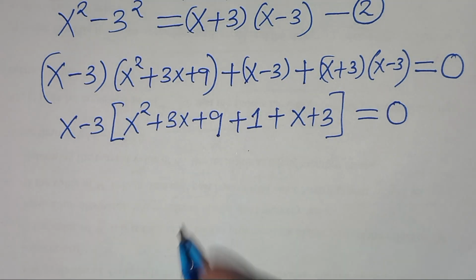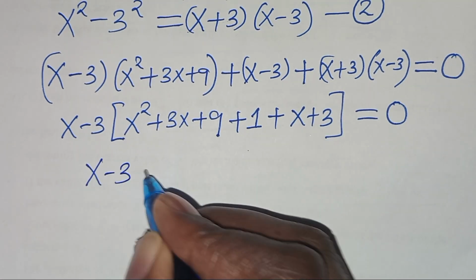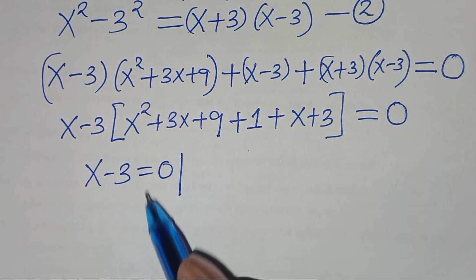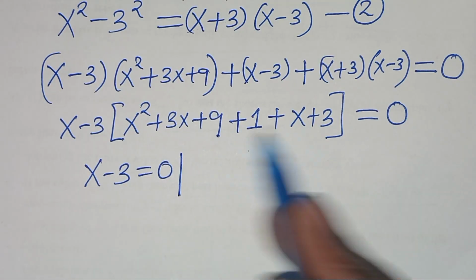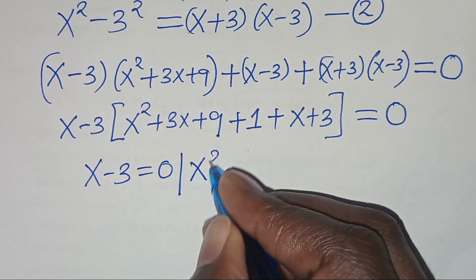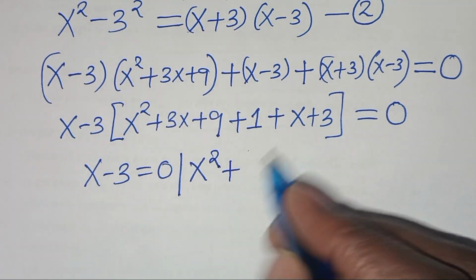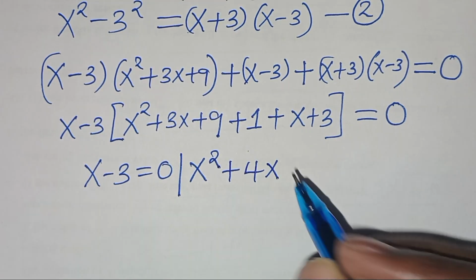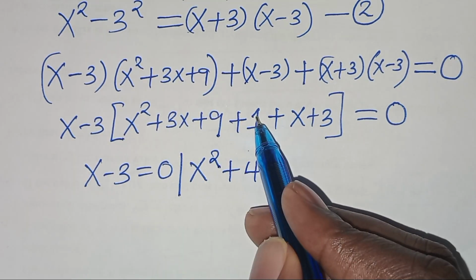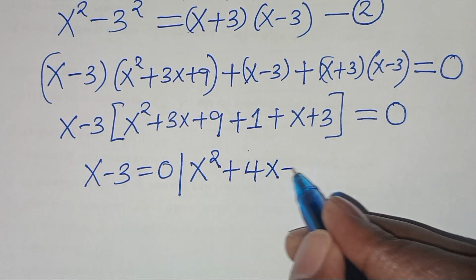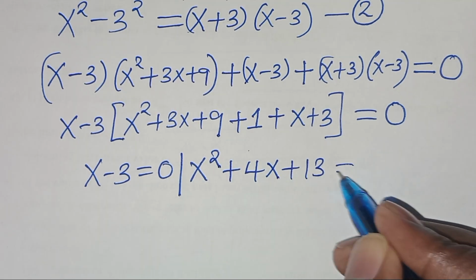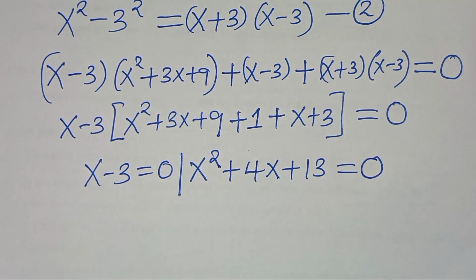The next step here, we have x minus 3. This is equal to 0 as the first part here. The second part here, we have x to power 2 plus 3x plus x. This is 4x. Then we have 9 plus 1. This is 10. 10 plus 3. This is equal to 13. And this is equal to 0.